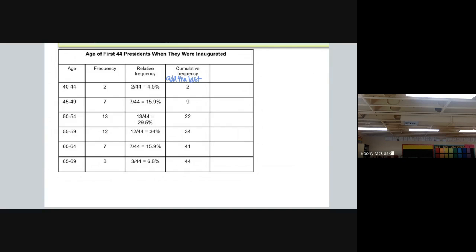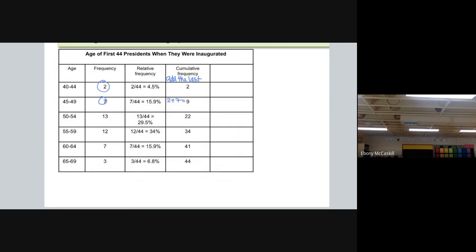So for instance, there's nothing that is before 2, so I left it as 2. 9 came from 2 plus 7. Here's the 2, here's the 7.